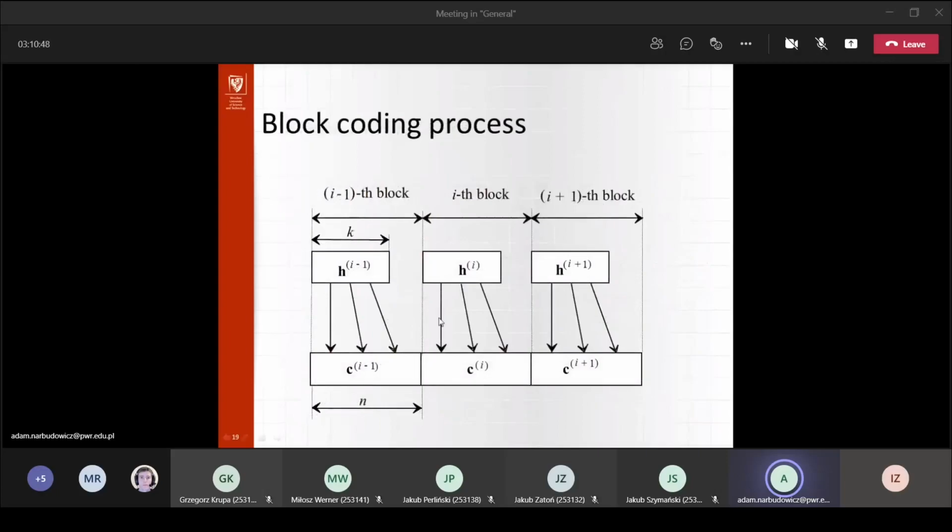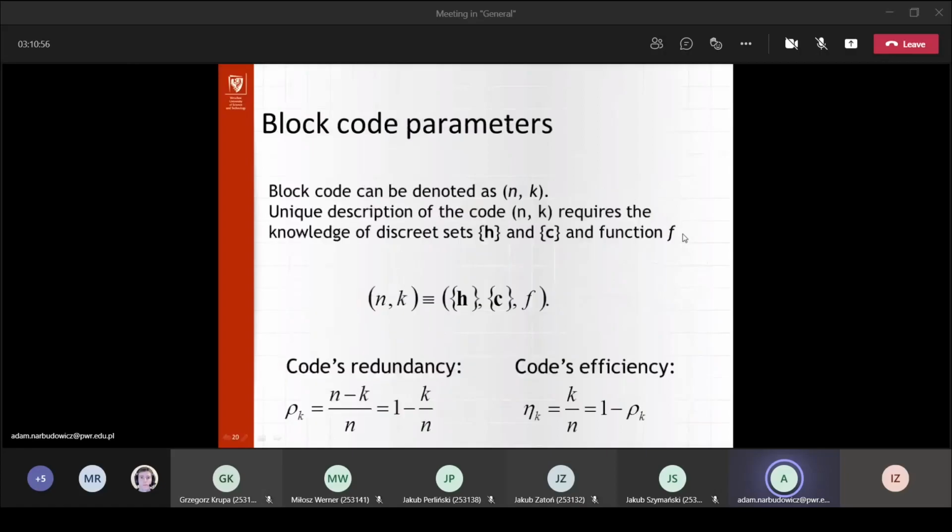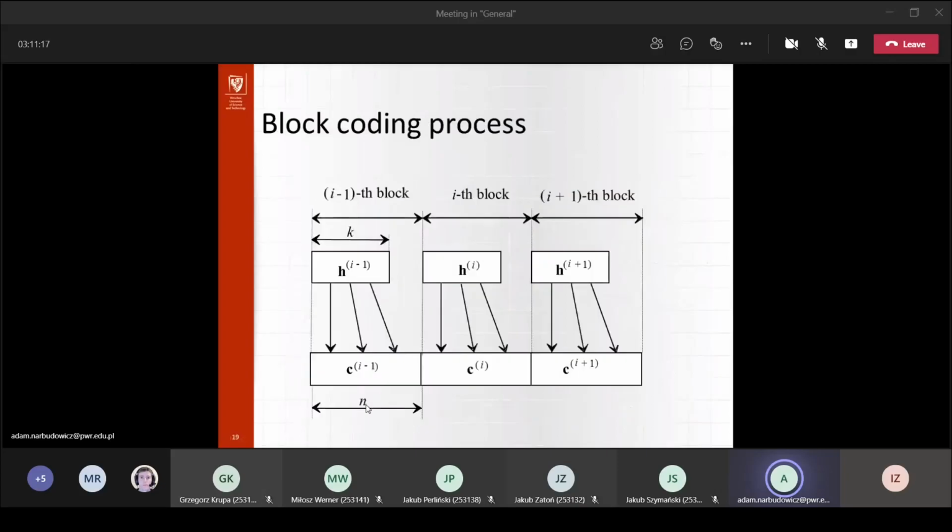Right, and this is the schematic. So it's really quite a simple concept. And the key block code parameter that we can measure is the redundancy. This is the amount of added information here.